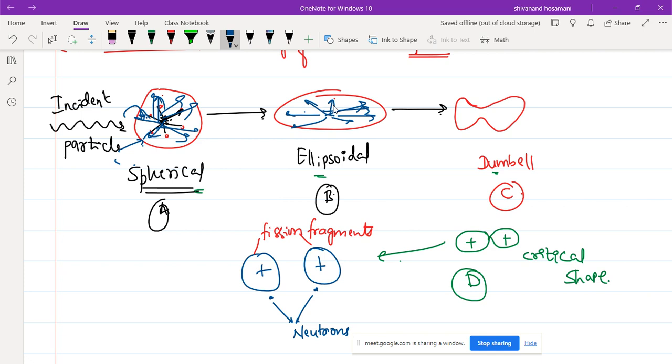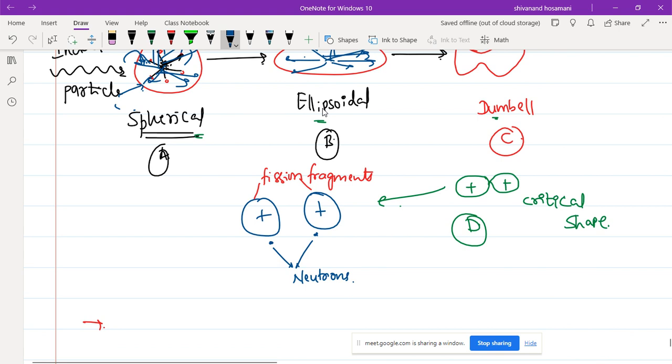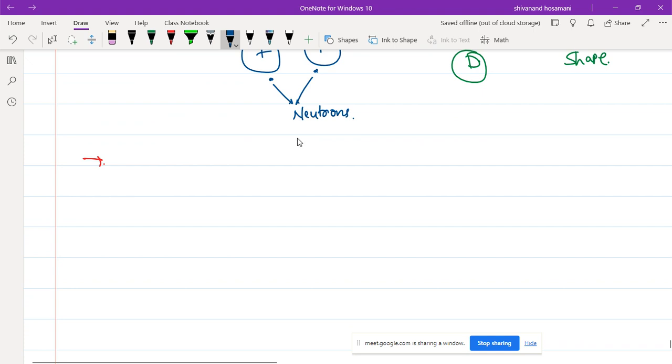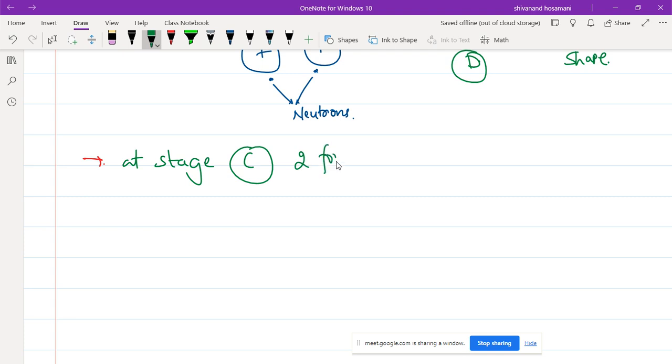Then here two forces come into play. One is the deforming force, another one is the attractive nuclear force. Note, these two forces come into play at stage 3, or stage C. Two forces come into play in the nucleus.